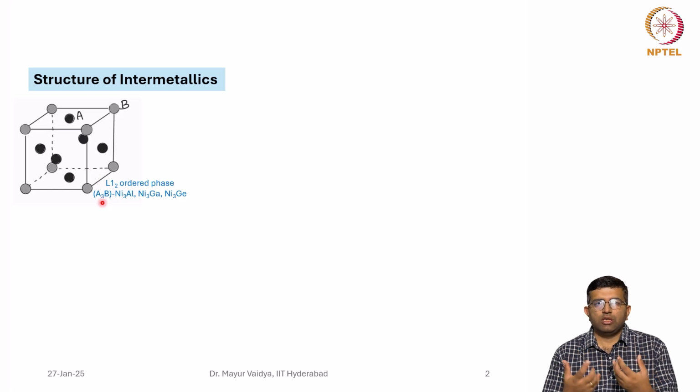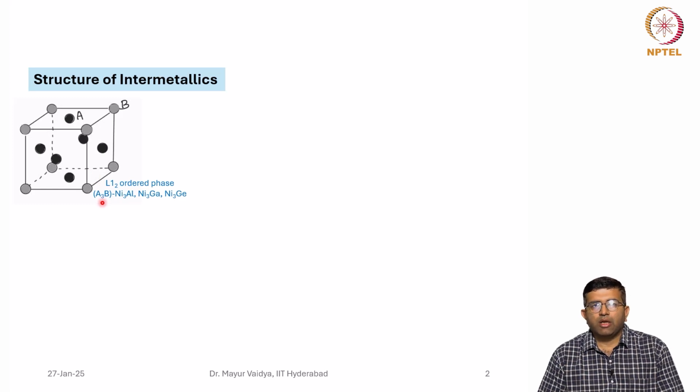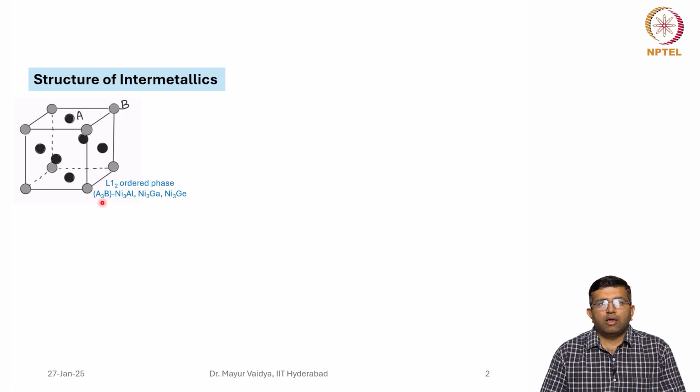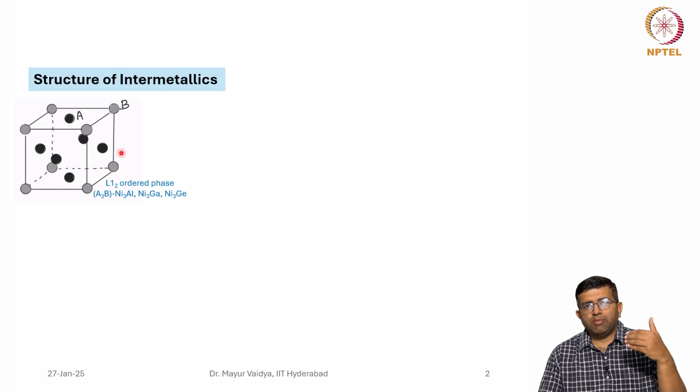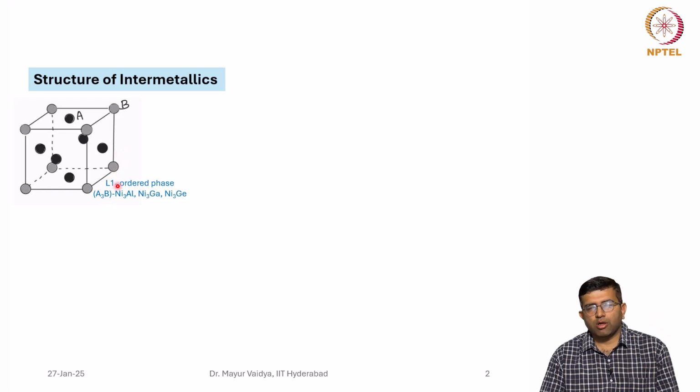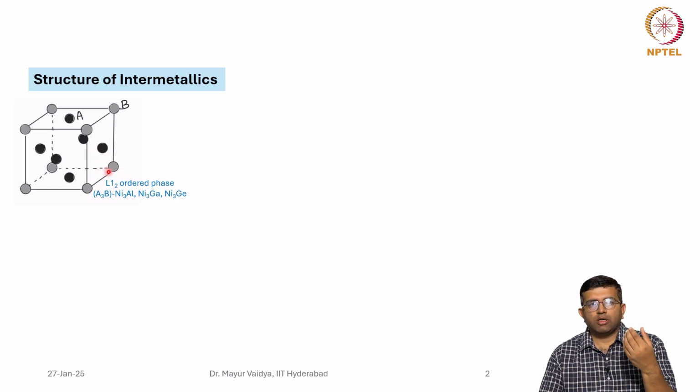If you look at an X-ray diffraction pattern, it will generate superlattice reflections. Since we are talking about L12, in FCC, if you talk about a solid solution, then any atom can occupy a corner position and another atom can occupy a face center, and vice versa.